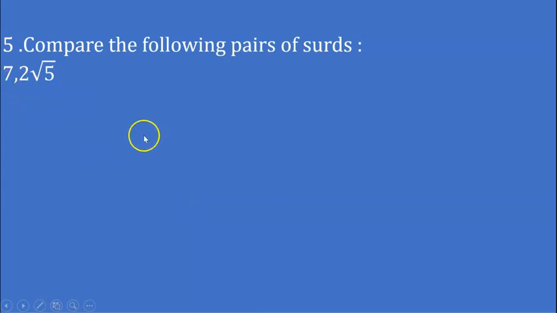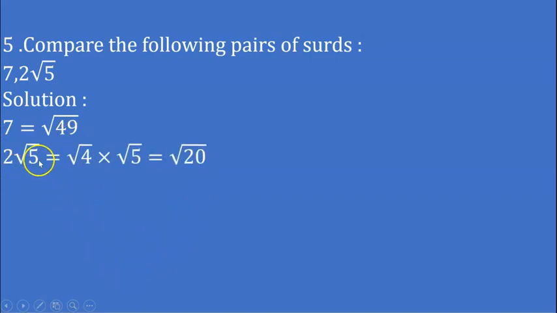Next, 7 and 2 root 5. Again, 7 can be written as root of 49, and 2 can be written as root of 4 into root 5. Root of 4 into root 5 means root of 4 into 5. 4 into 5 means 20. That is the root of 20. Now which is greater?